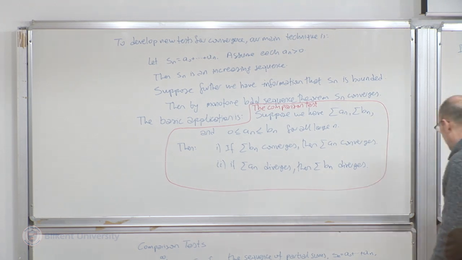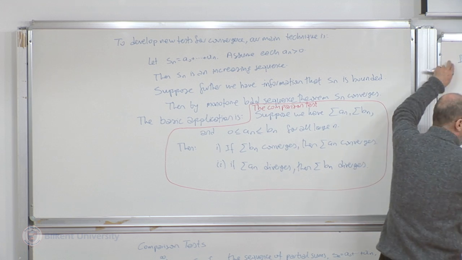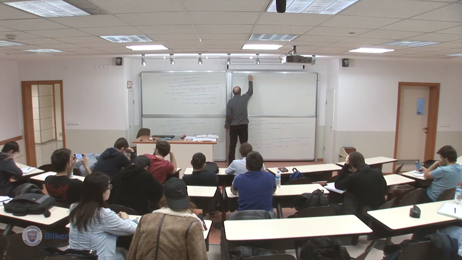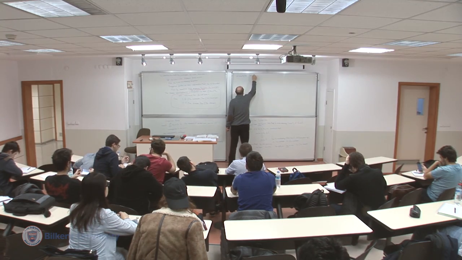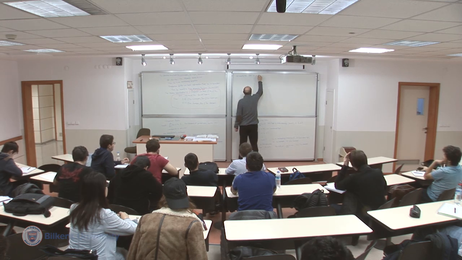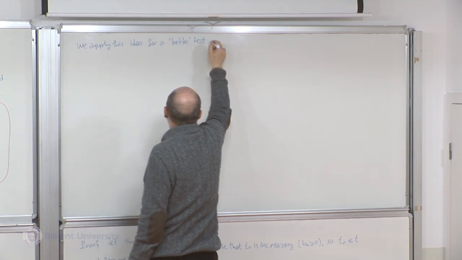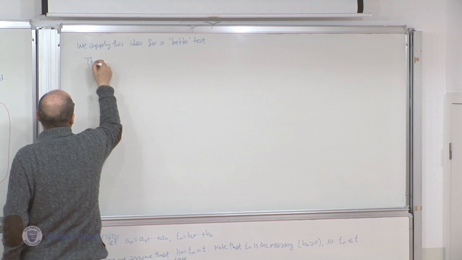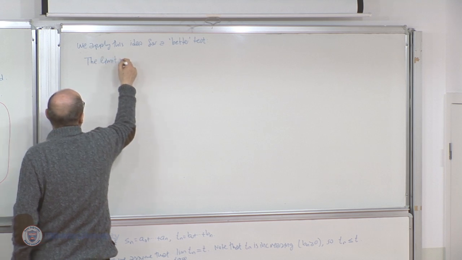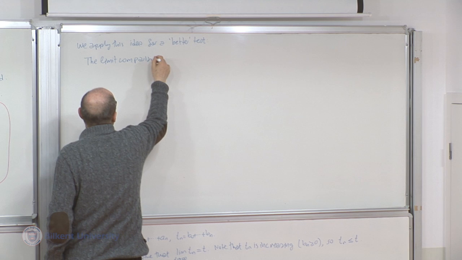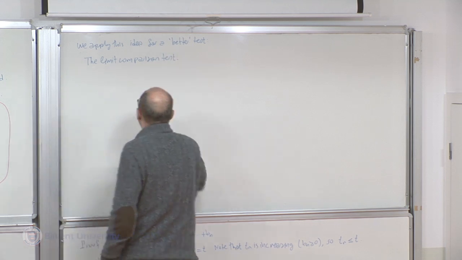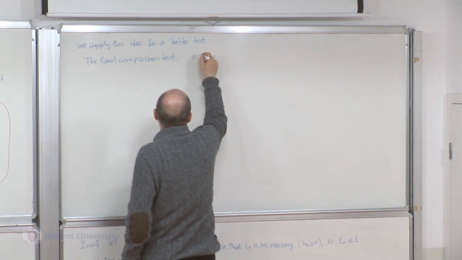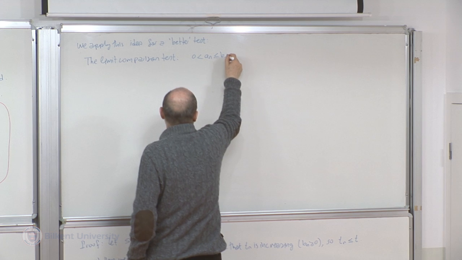Now let me come to this part. This is the limit comparison test. Again we have An, Bn.